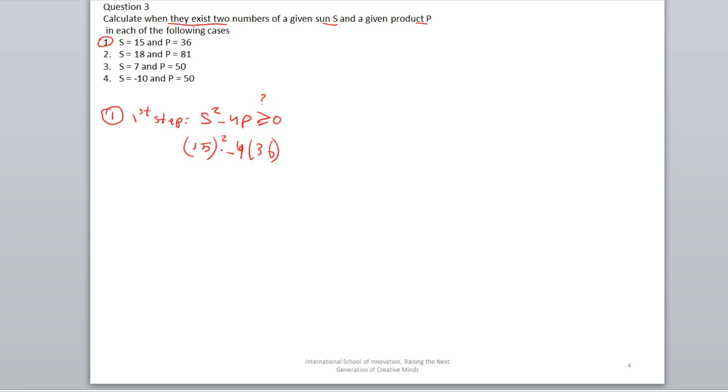Let's calculate this number. 15 squared, using my calculator. Of course you may use it, that's fine. Minus 4 times 36. s squared minus 4p comes out 81, which is positive. Okay, so the numbers, or you can write it like this, hence the numbers exist.